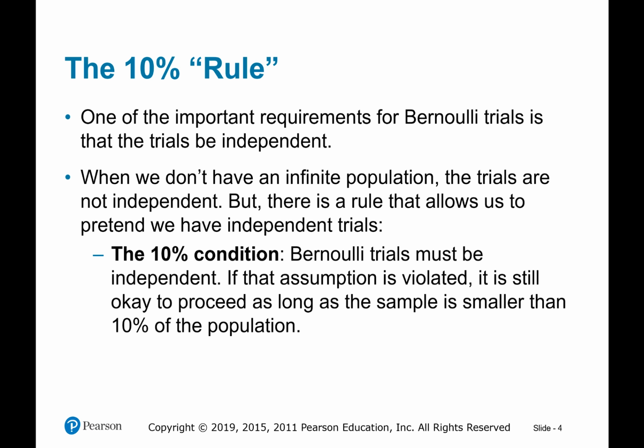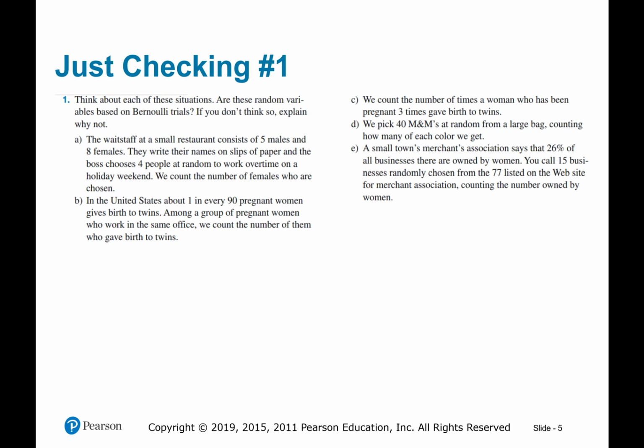But again, 52 cards in a deck compared to hundreds of millions of eligible voters, those are very, very different. Okay. So the 10% condition, we can go ahead, even if the trials are not independent, as long as the sample is less than 10% of the population.